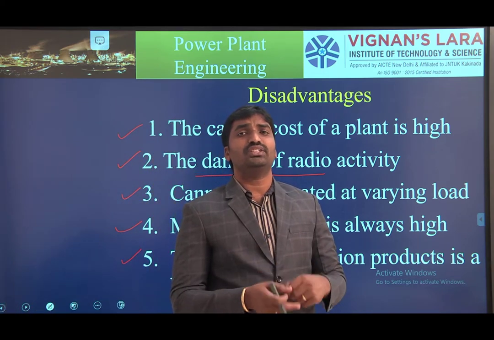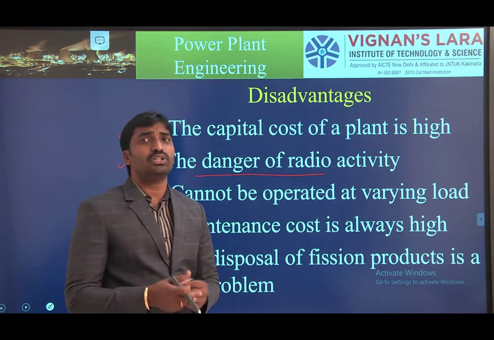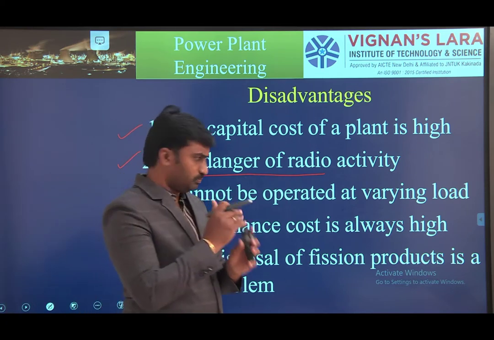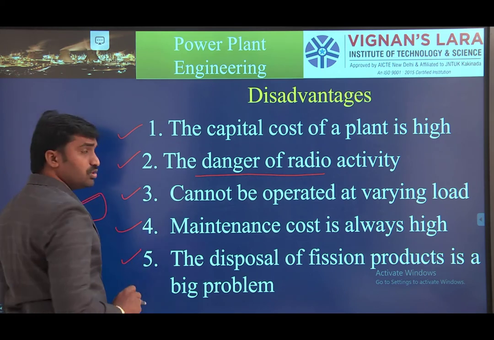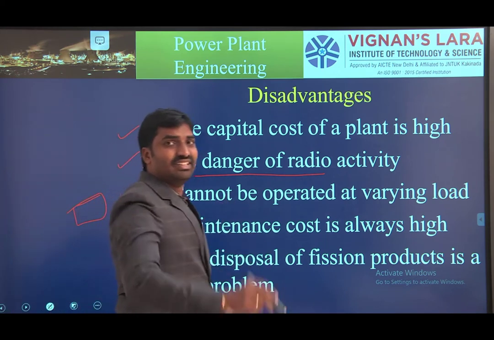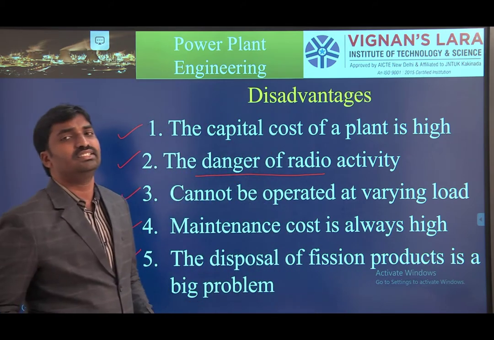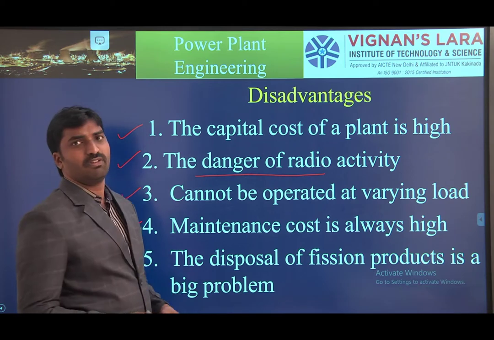So that's why disposal is very important. For disposal, generally they take fully covered boxes, and those covered boxes are disposed of in the sea, after 1 or 2 kilometers, saving that waste. So that is very difficult in nuclear power stations.